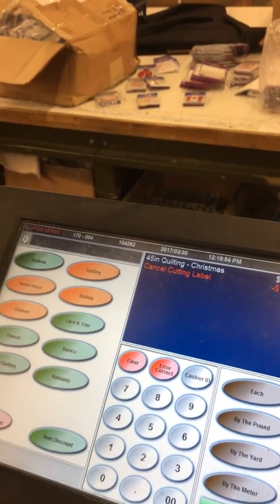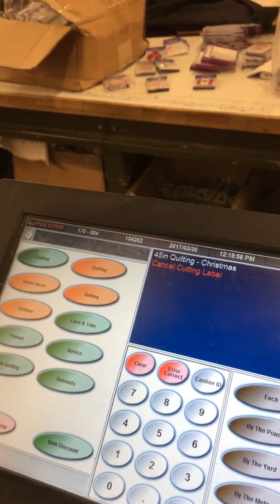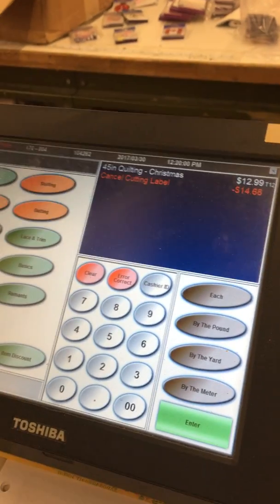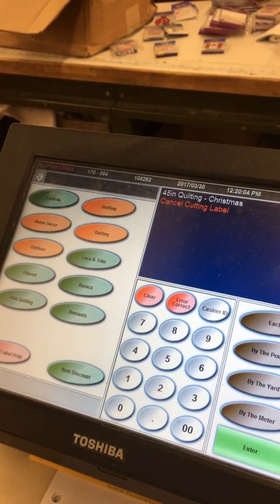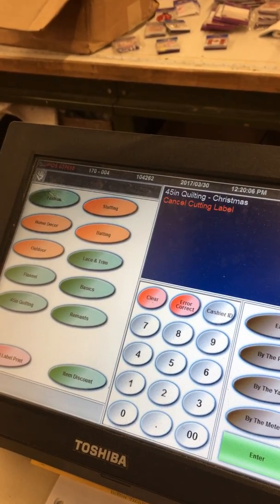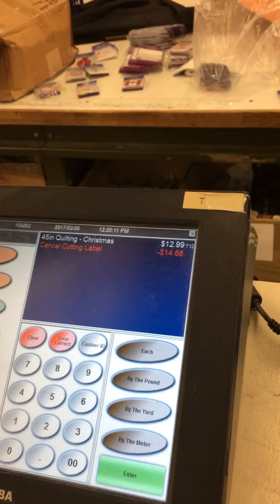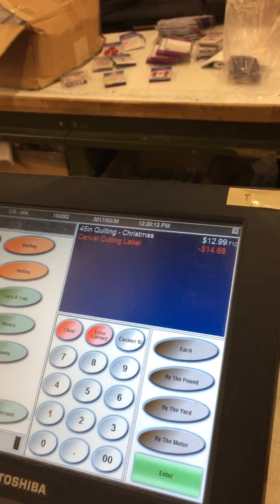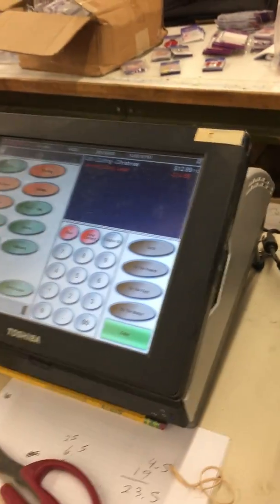But see, because it's trims, we have to put it in a bag because they're little bits and pieces. So if someone wants half a meter of this one, then half a yard of that one, we have to start a separate bill because they're using different units. If we could choose what unit they purchase and then hit print, you know what I mean? To eliminate that limitation. And then it just prints the separate chits out then.